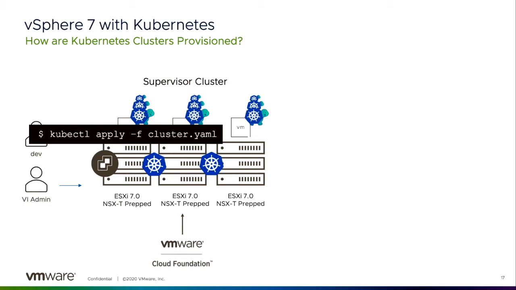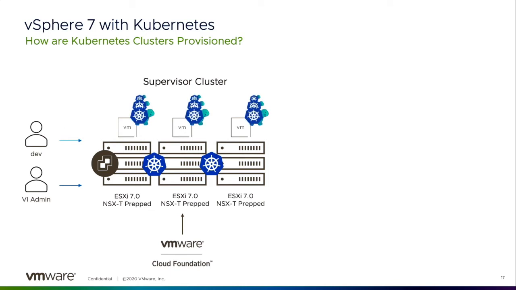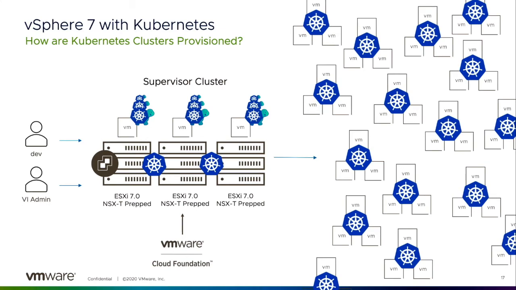That is all the user will need to do: pass that configuration file to the supervisor cluster, and the supervisor cluster will be responsible for creating the Kubernetes cluster for that user. And as you can imagine, this can scale out fairly quickly to allow that developer, that team of developers, to deploy and manage as many clusters as they want.